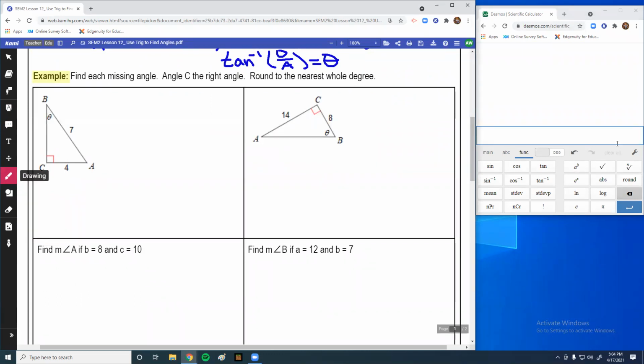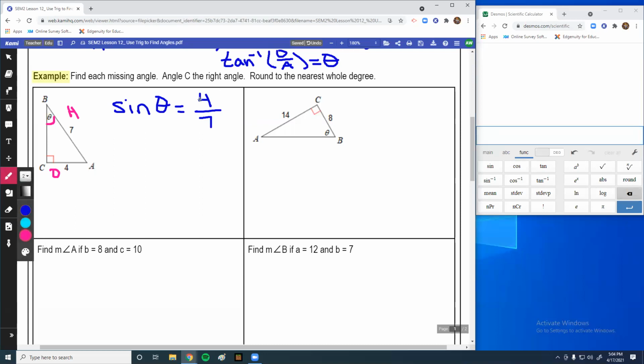All right, so let's get to our examples. We're going to do the same thing we did with finding sides. I highlight my given angle, so it's right there. And then I label the two sides that they give me. They give me opposite and they give me hypotenuse. So that tells me we are going to use sine. So sine theta is equal to 4/7.